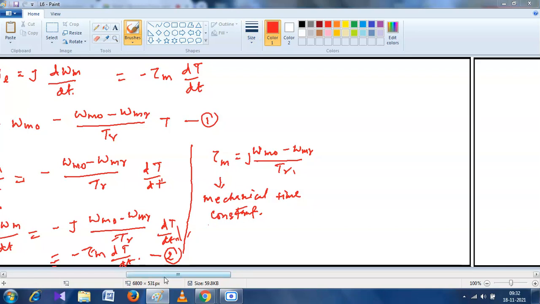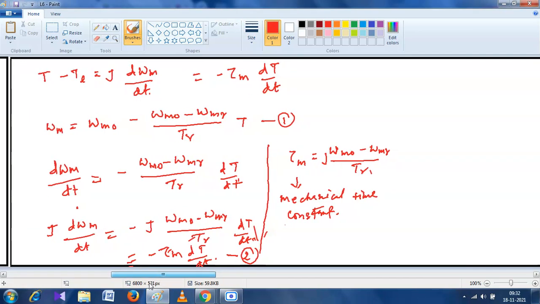If we put this value in the fundamental torque equation, this value comes, because the right side of the fundamental torque equation is J d omega m by dt. So we put that value from equation 2.